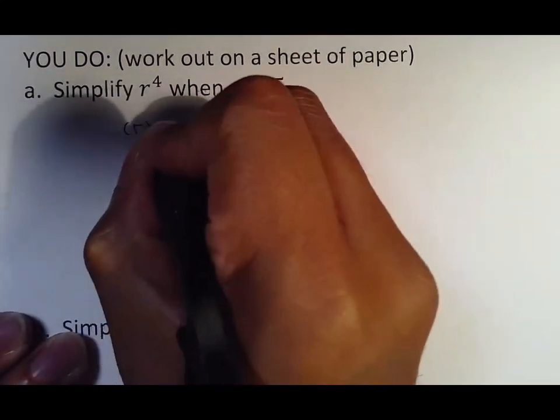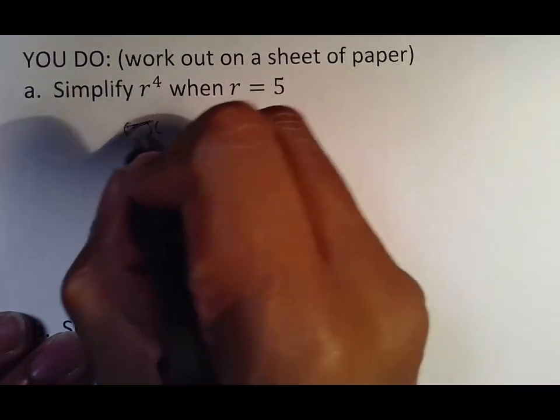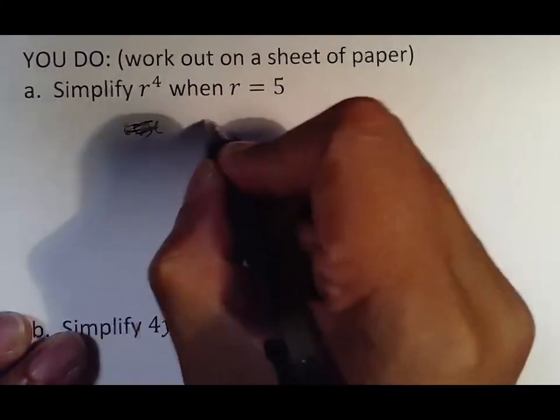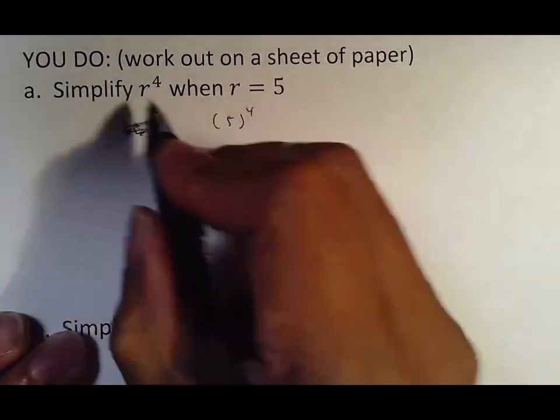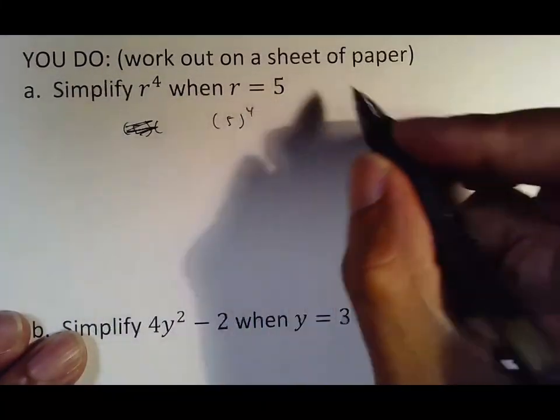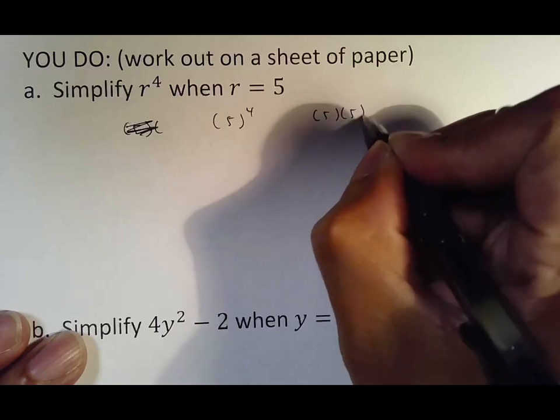This would be 5 to the 4th, actually, I'm sorry. R to the 4th turns into parentheses 5 to the 4th because you have to substitute first. This means I'm going to do 4 fives.